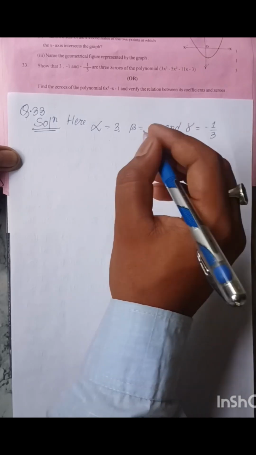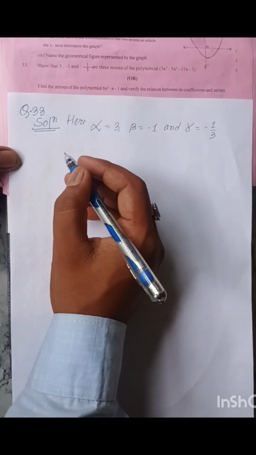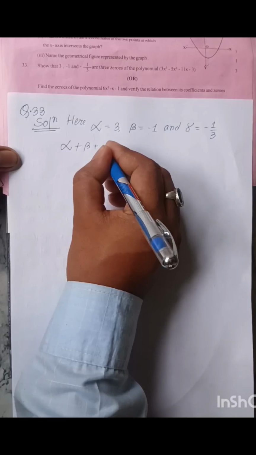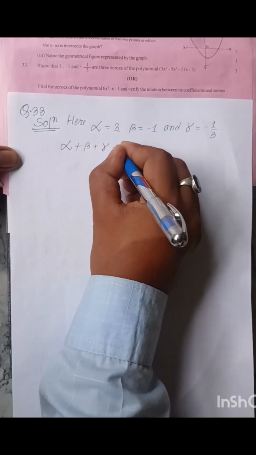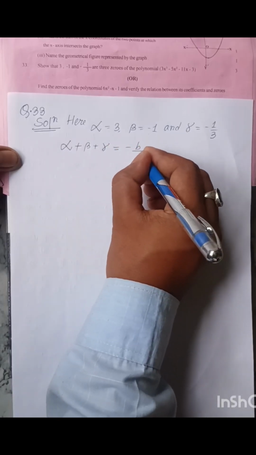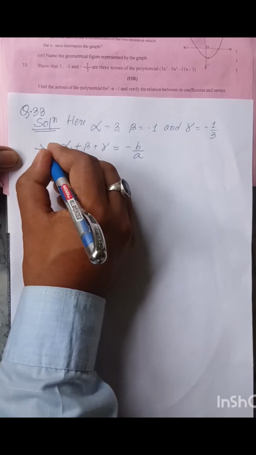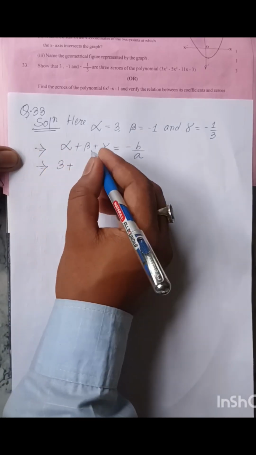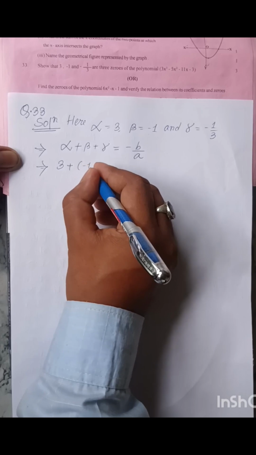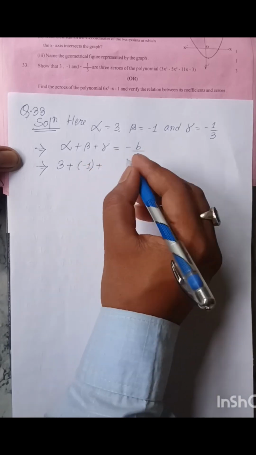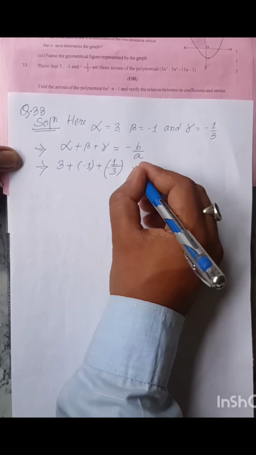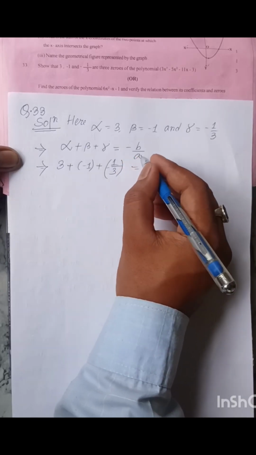Now we know the formula for the sum of zeros and the product of zeros. Alpha plus beta plus gamma equal to minus b by a. Now just place the values. Alpha means 3, plus beta means minus 1, plus gamma means minus 1 by 3, equal to minus b by a.